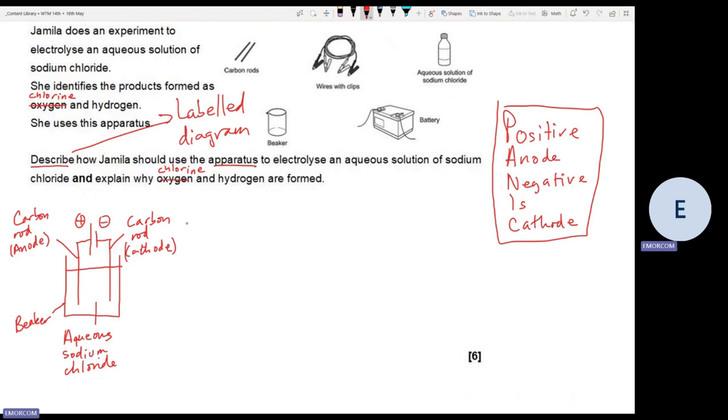Now I can do my explanation of the products. So we should know that with the positive electrode, so at the anode, Cl minus ions are present.